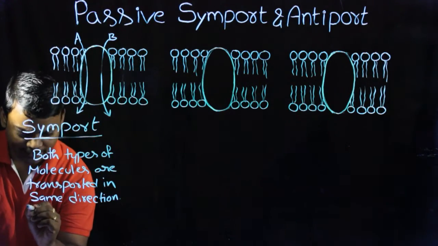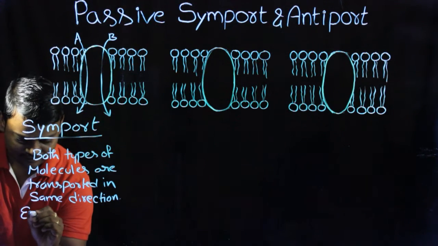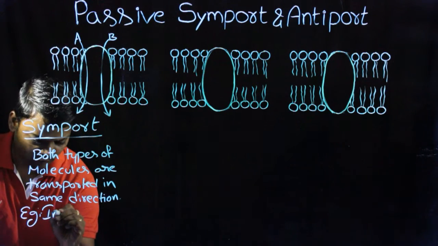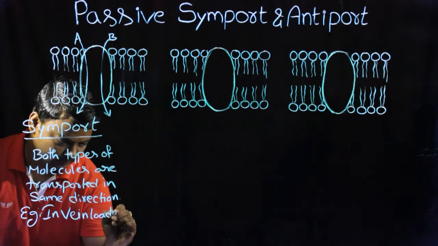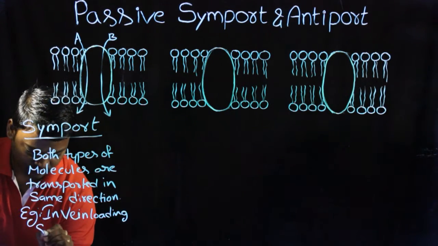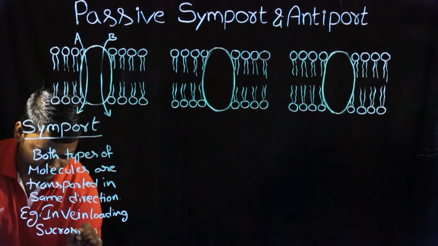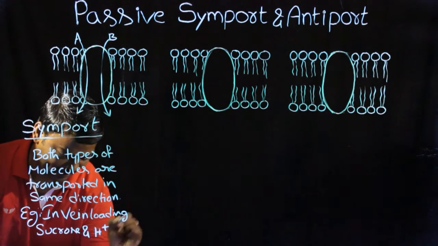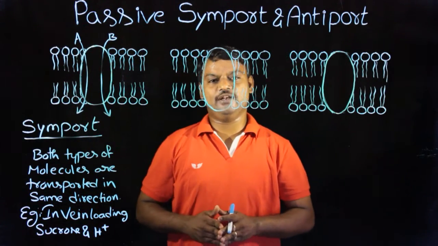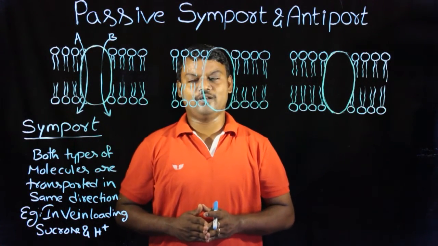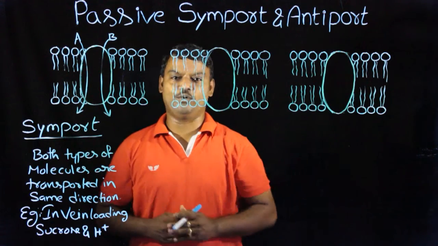In phloem loading, sucrose and H+ ions are transported in the same direction by a protein transporter. It is an example for Symport.